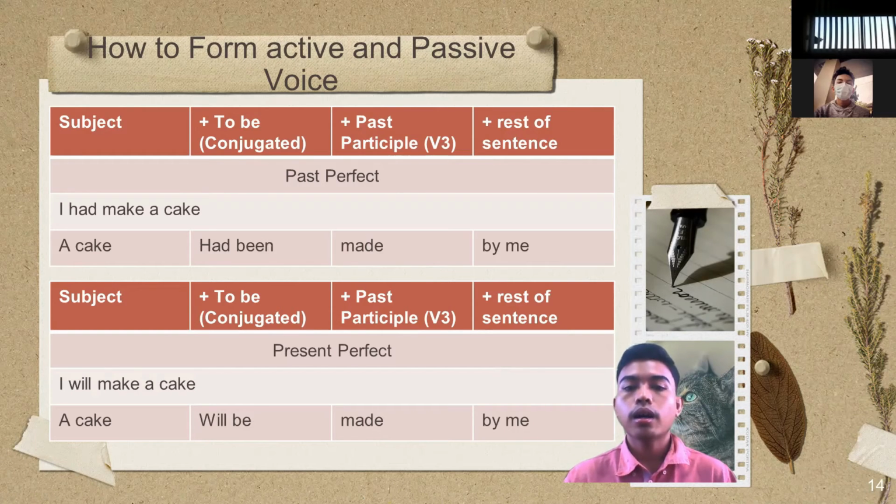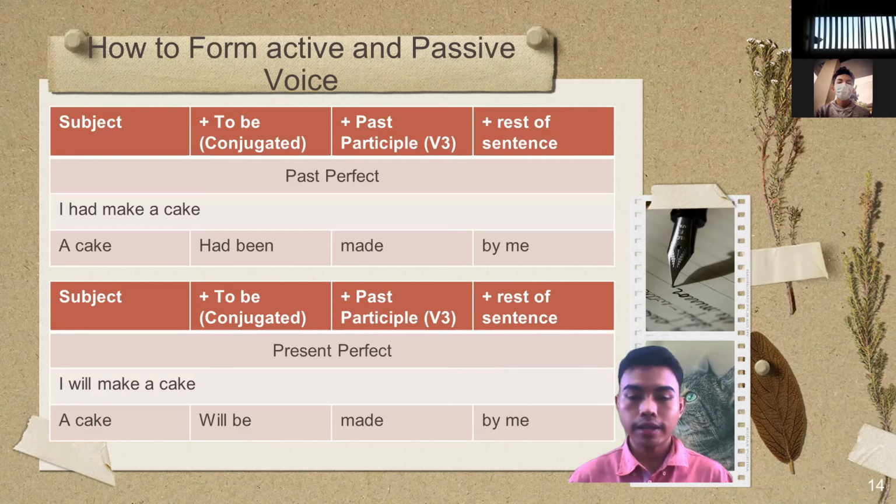Okay, and then the past perfect tense. The example sentence is I had made a cake. The subject is a cake, the to be is had been, the past participle or verb 3 is made, and the rest of the sentence is by me.